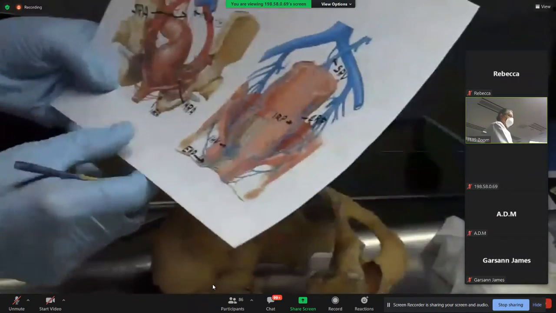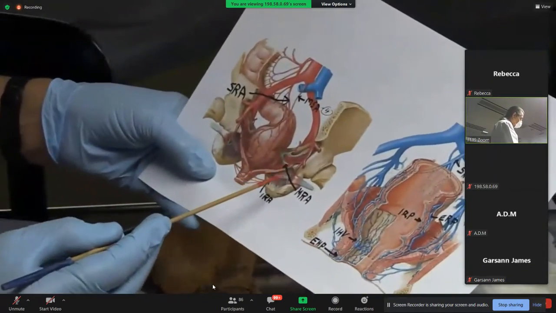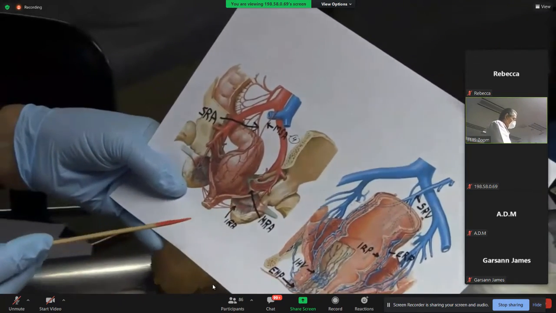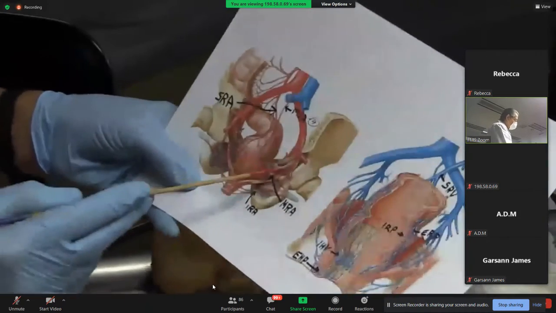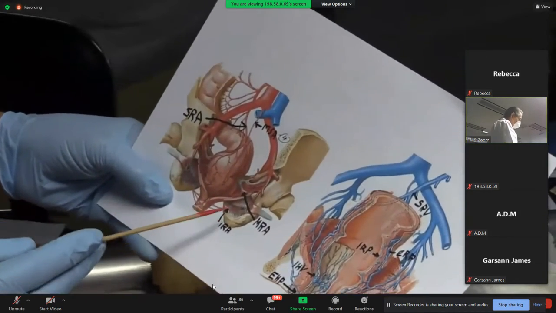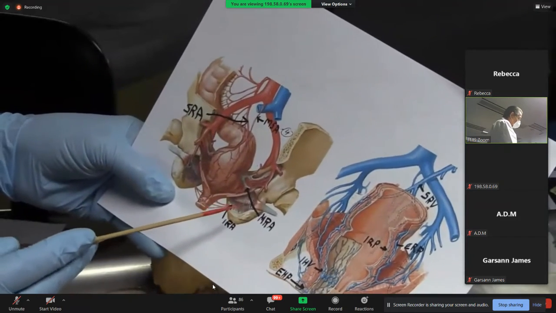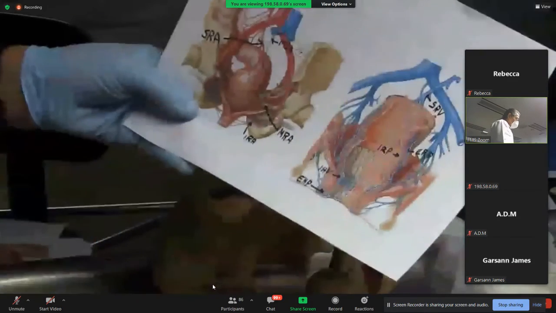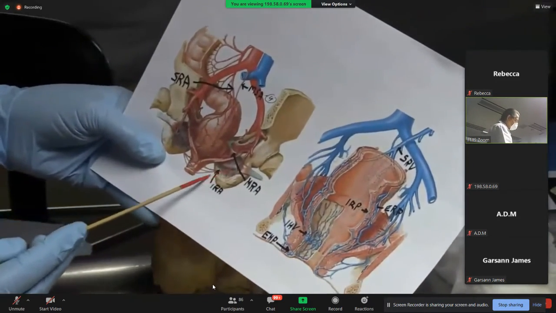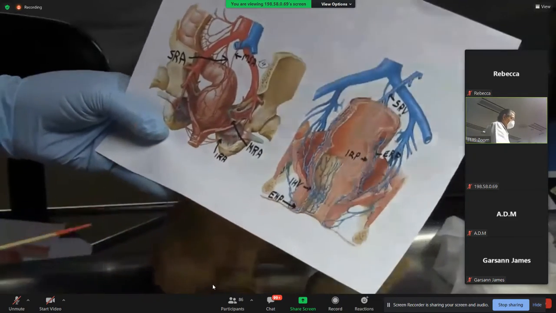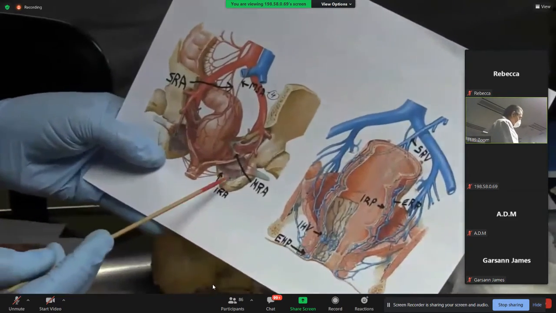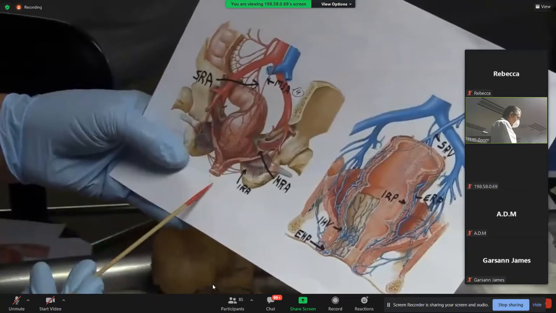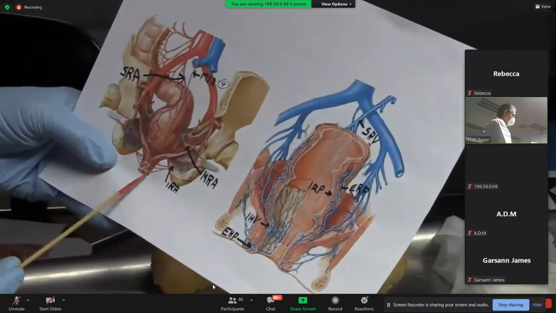And the inferior rectal artery comes off the anterior division of the internal iliac artery, leaves the pelvis, and runs in a canal just inside the sacrotuberous ligament, called the pudendal canal of Alcock. There it gives this branch called the inferior rectal artery, which supplies the anal canal, the main artery for the anal canal.